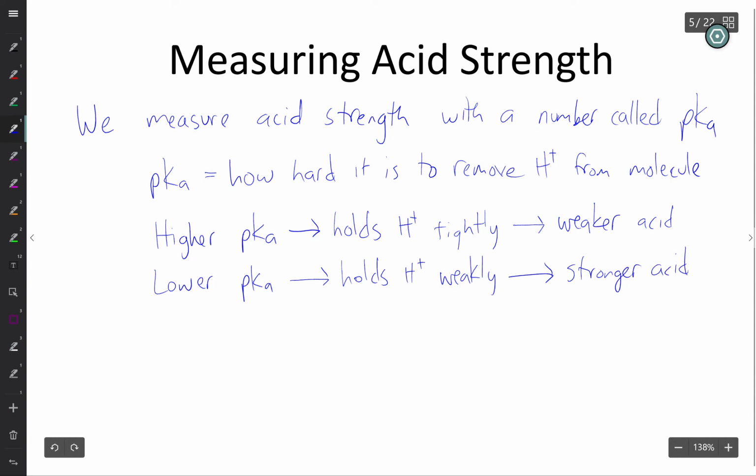Now, in a typical college orgo class, you would probably have to memorize a bunch of pKas. I know in the class I teach in the summer, students end up having to memorize about 15 pKas over the course of the year. What I'm going to do is give everyone a reference sheet. So I'm going to hand those out now.